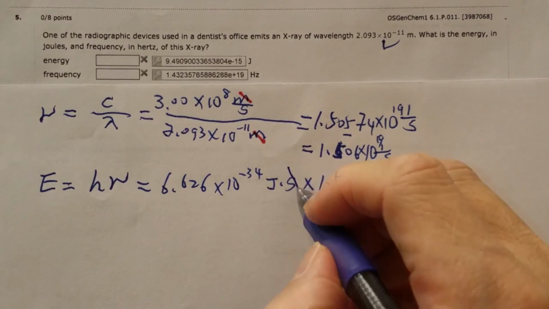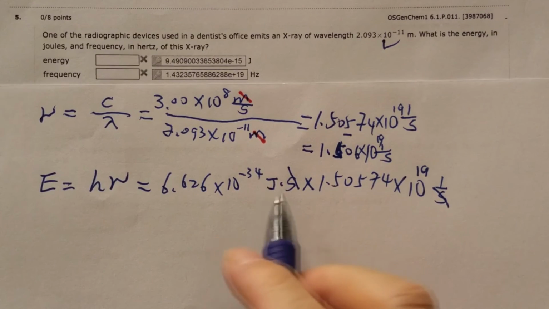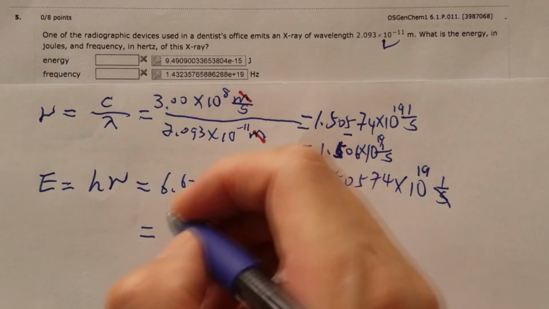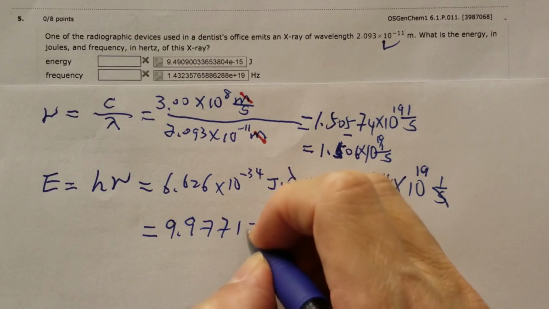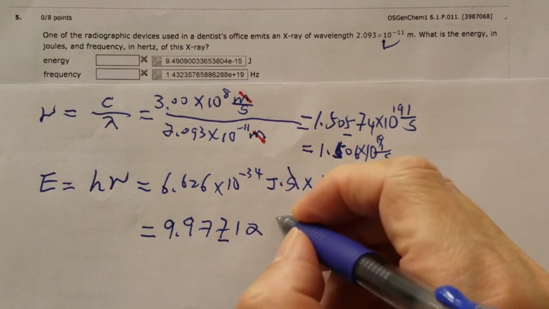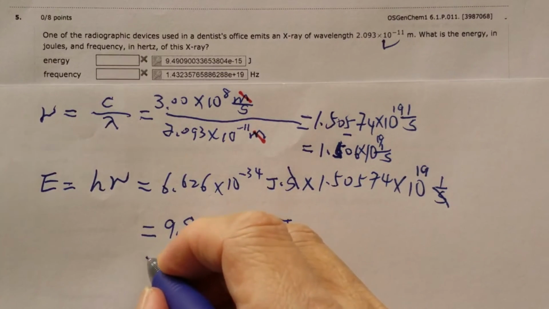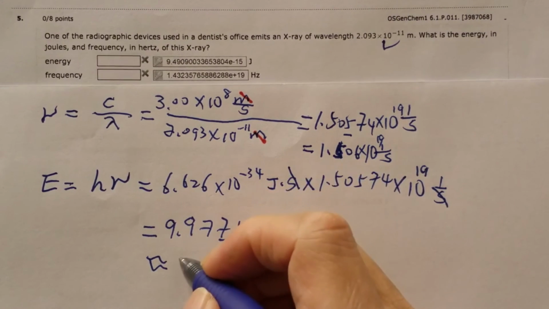As you can see now, s and s are cancelled. So the final answer should carry the unit of joule. And that should be, again, 466. And we can approximate that after dropping the last 2 digits.